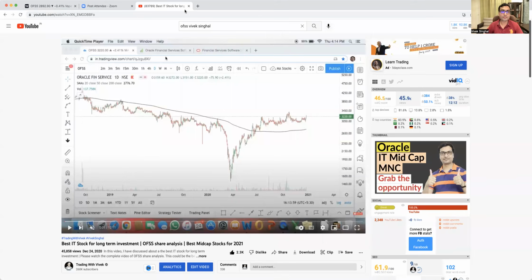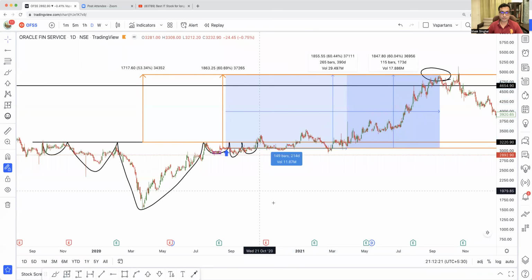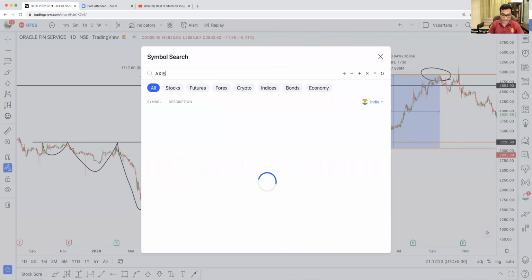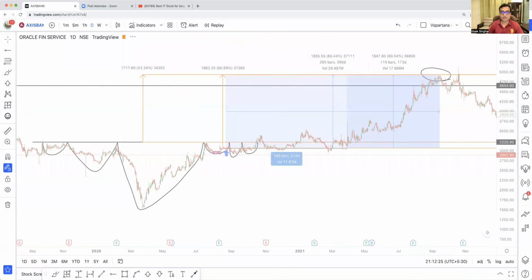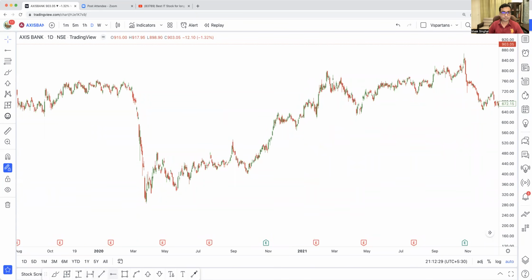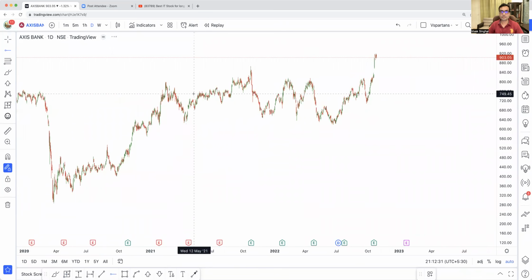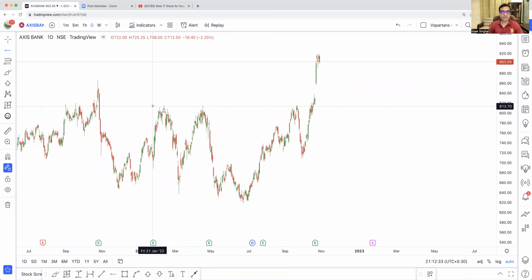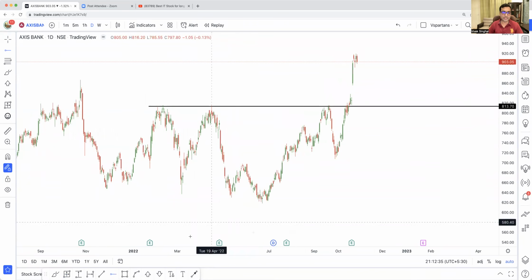And there are a lot of stocks making reverse head and shoulder patterns now as well. For example, like Axis Bank, this is a proper, beautiful reverse head and shoulder pattern.